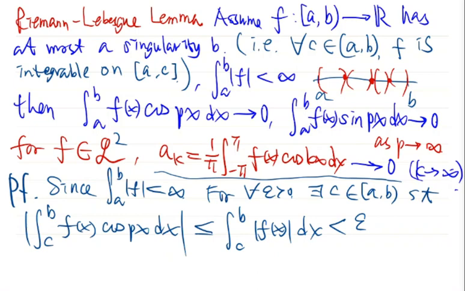The convergence of this integral means that the limit exists as c goes to b from the left.